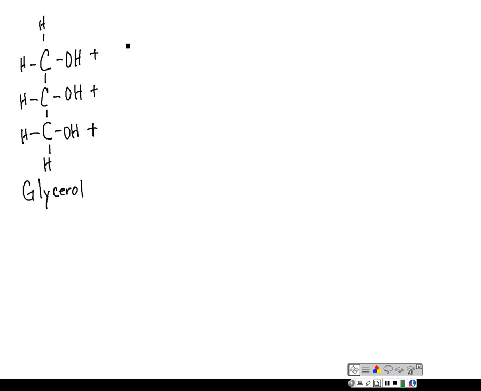So we got a carboxyl group that's always facing that glycerol. That C double bonded O and this OH, followed by a chain. I had 5, so that makes a total of 6. 1, 2, 3, 4, 5, 6. We always have to have an even number of carbons in the chain.